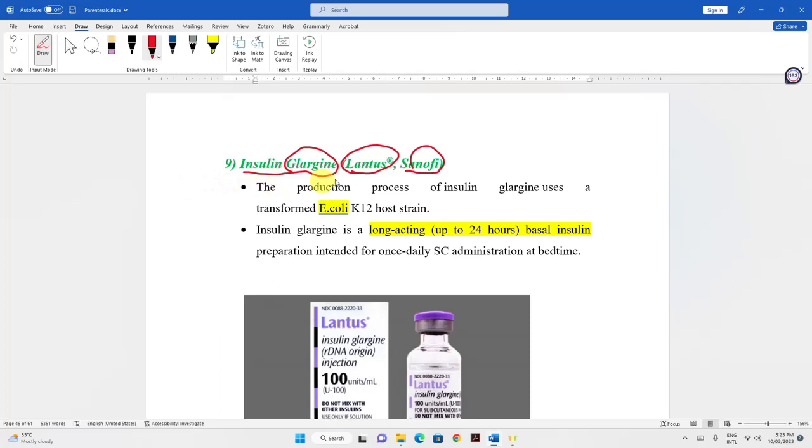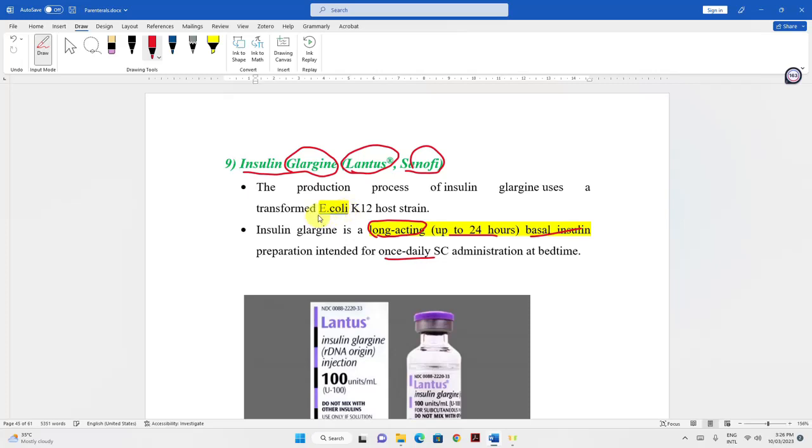Insulin glargine produces insulin that is long acting up to 24 hours, meaning once daily, right? Basal insulin, intended for once daily subcutaneous administration, before bedtime or at bedtime.